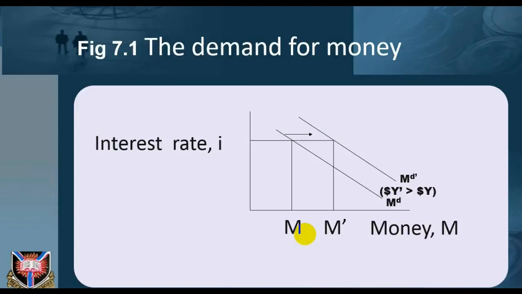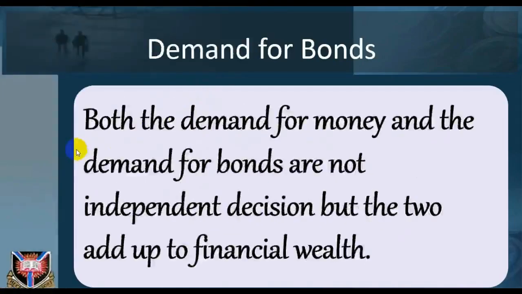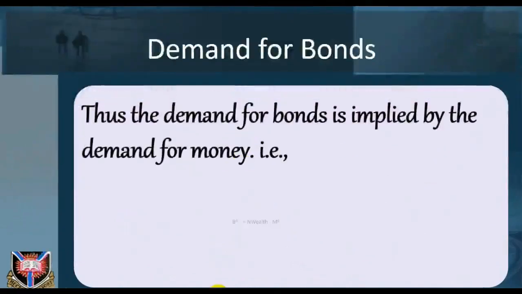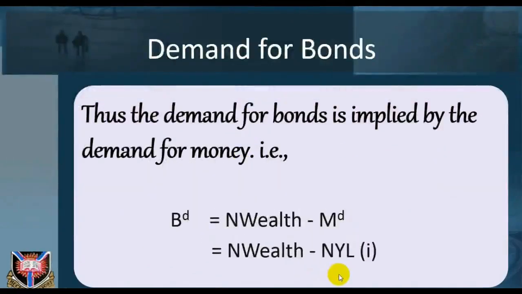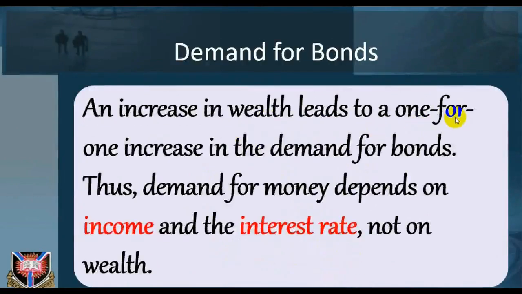Demand for bonds. Remember that the demand for money and the demand for bonds are not independent decisions, but that the two have to add up to financial wealth. We can thus look at the demand for bonds implied by the demand for money. From equations 7.1 and 7.2, the demand for bonds is given by BD equals wealth minus money demand, which is equal to wealth minus NYL. An increase in wealth leads to a one-for-one increase in the demand for bonds.